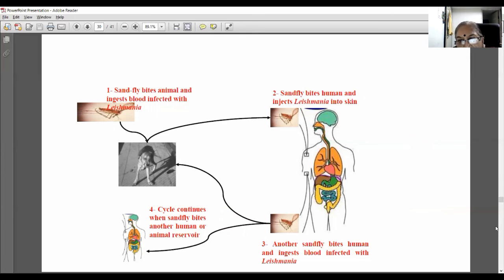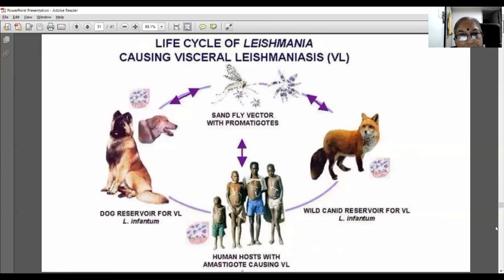And when another sandfly bites the human and ingests the blood infected with Leishmania, the cycle continues when the sandfly bites another human or animal reservoir. Either it has to go to the animal or to the human being. That is how the life cycle is completed.